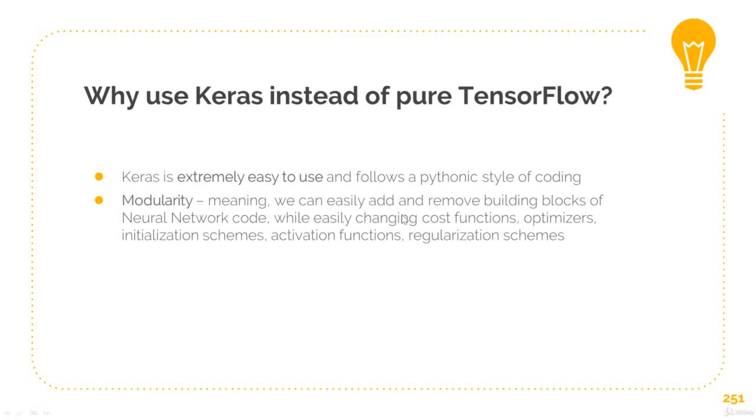This modularity means that we can just start doing different things with our neural nets or CNNs. We can easily change cost functions, optimizers, initialization schemes, activation functions, try different regularization schemes, introduce more layers, reduce the number of filters. All of those things are done super easily inside of Keras. So it allows us to build these powerful neural nets quickly and efficiently.